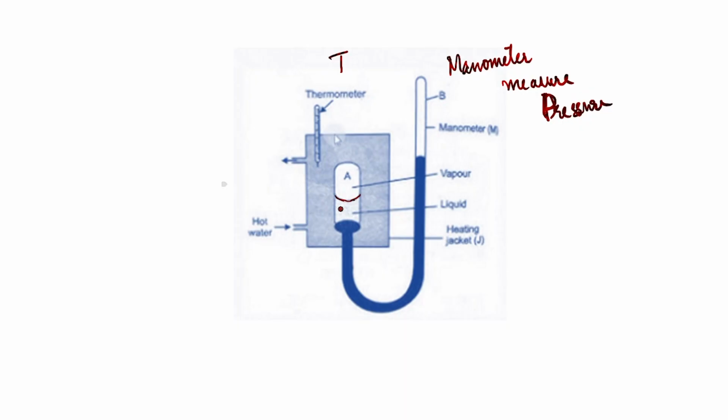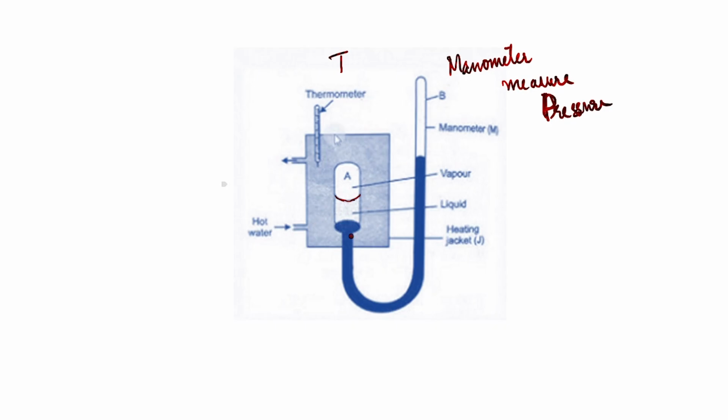I will just say it is a sealed bulb in which we have taken a liquid at room temperature and allowed it to stand for some time. This liquid will be saturated with the vapor above it, and the liquid and the vapor are clearly shown by a demarcation known as the meniscus of the liquid.